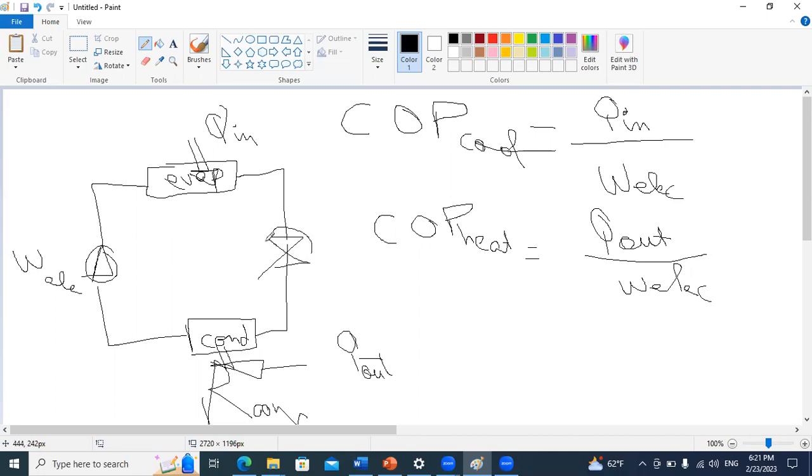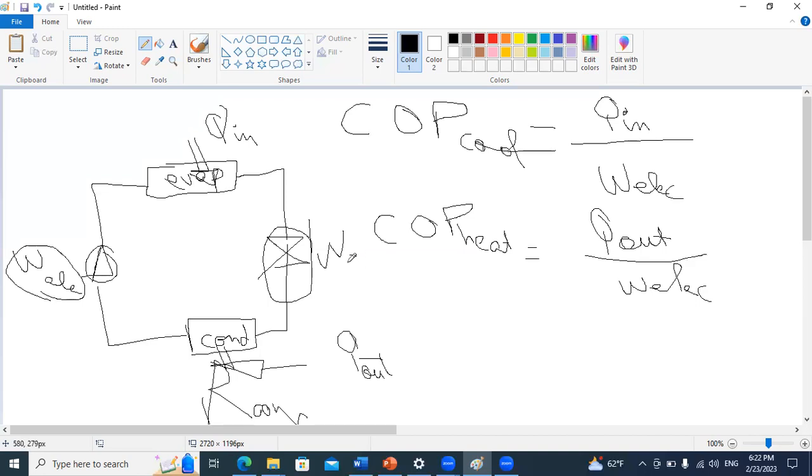The throttling process is isentropic. Whenever we say isentropic, we don't have any loss of work. This is the advantage of using it, because we want to convert the work completely into heat. So W is nearly zero in the throttling process.